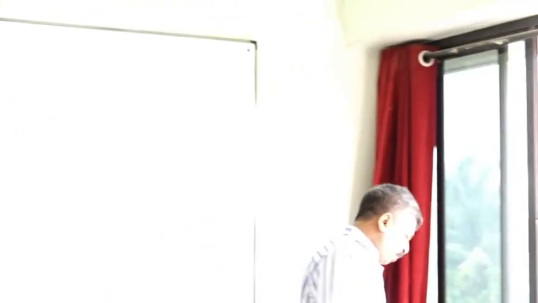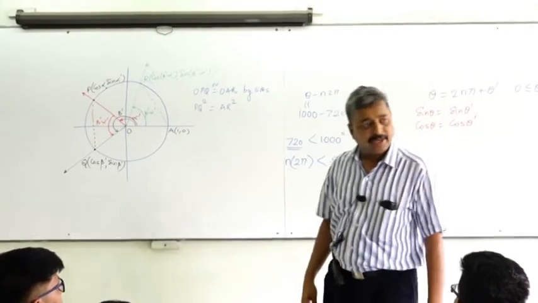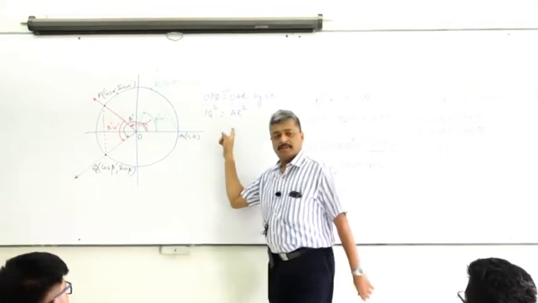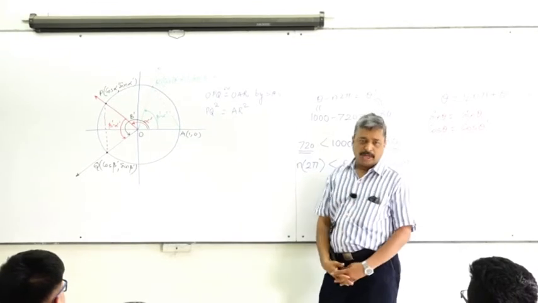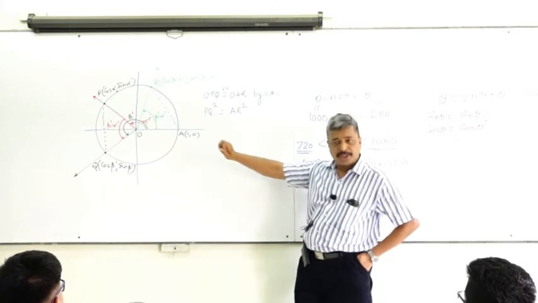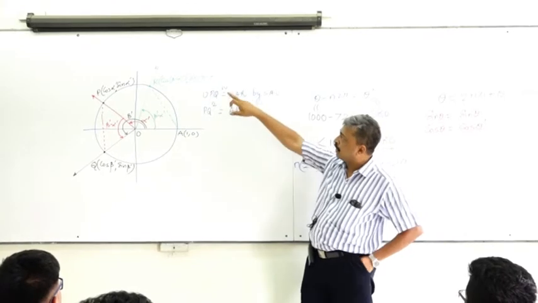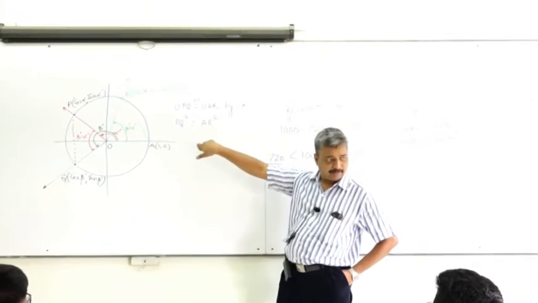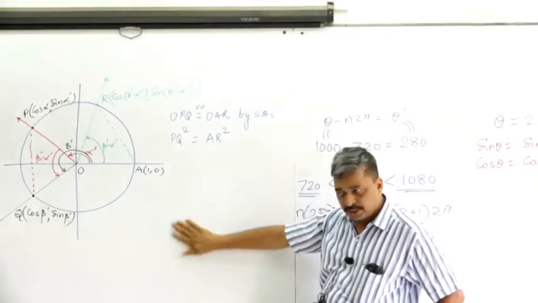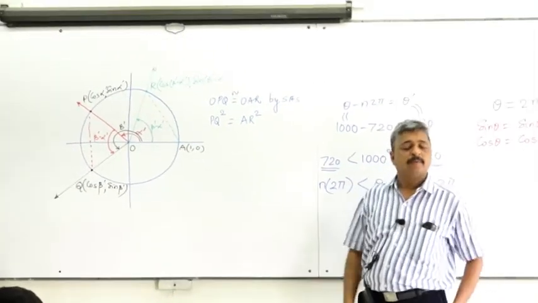The distance PQ, its square, should be equal to the distance AR, its square, because the distance formula involves that radical sign and we don't want to get into that. Therefore, I have taken squares. So now you know the distance formula, therefore you should be able to find PQ square. We know the coordinates of P and Q. You should be able to find AR square because you know the coordinates of R and A. And then maybe do some simplification to get some identity.